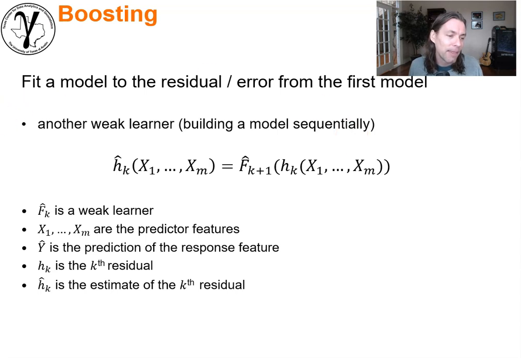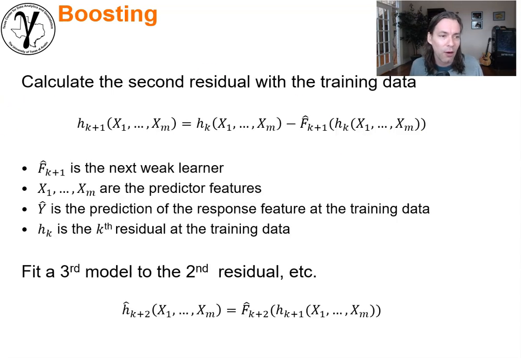So kind of that idea. I think it's really, really powerful. Now we calculate a second residual with the training data. So look at, now we're taking the residual, which is kind of cool. And the result is that we can now fit a third model to the second residual. And we'll keep going until we reach a point where we're comfortable with the model.